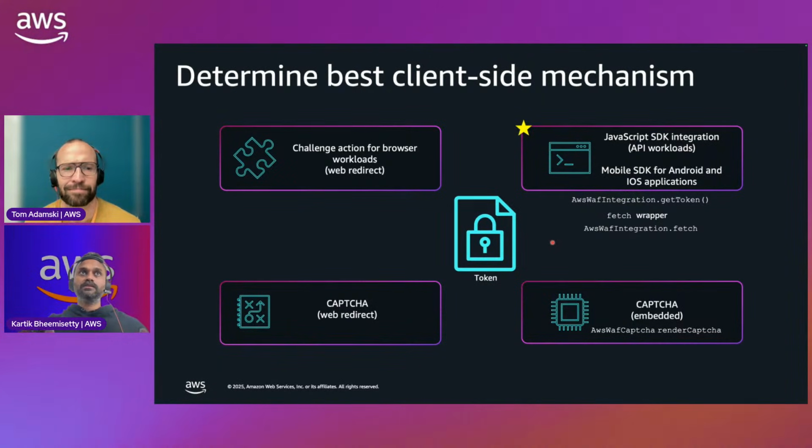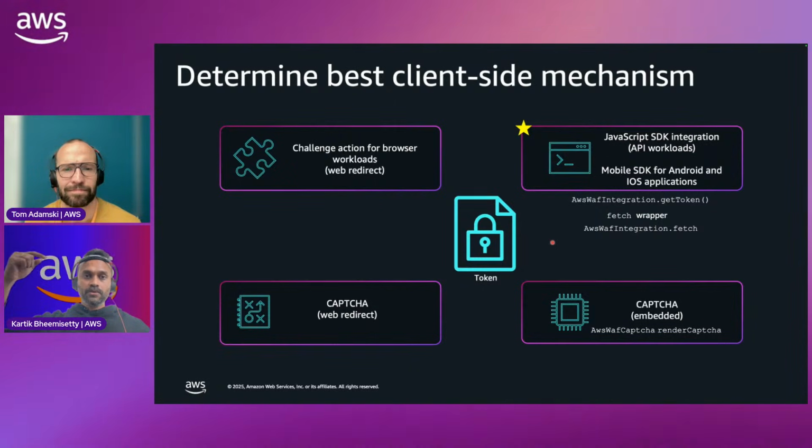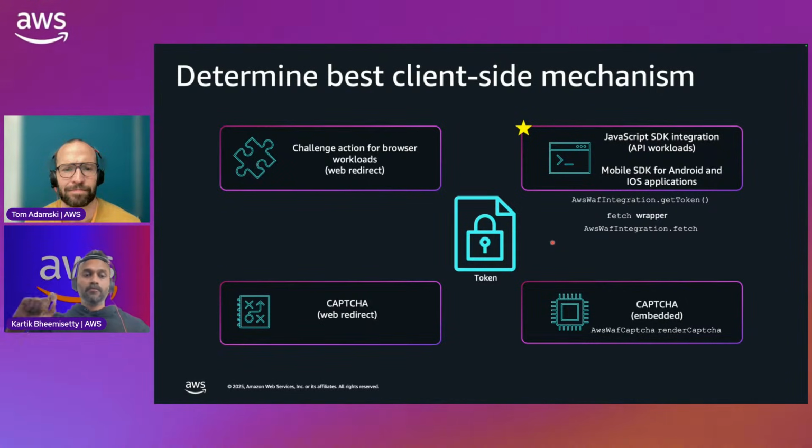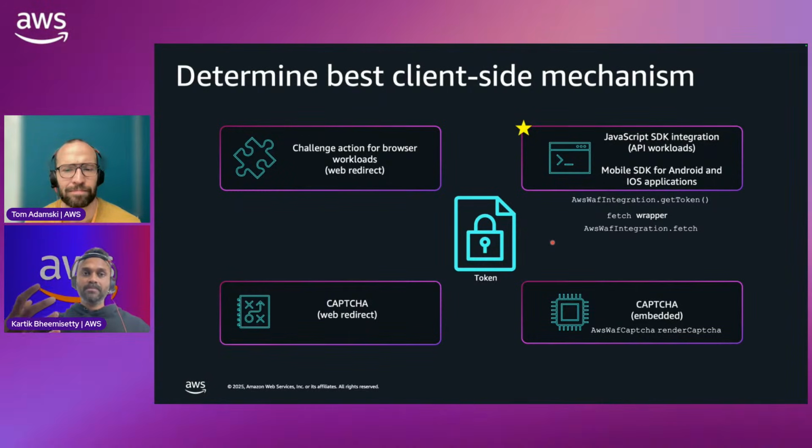But the JavaScript SDK integration also benefits you from a cost standpoint. If you're using challenge and captcha on a rule, you get charged based on the number of challenge invokes or number of captchas solved. With this SDK integration, you get the token the first time the browser loads the page, and then every subsequent request is going to have a token, and it auto-renews the token as well.